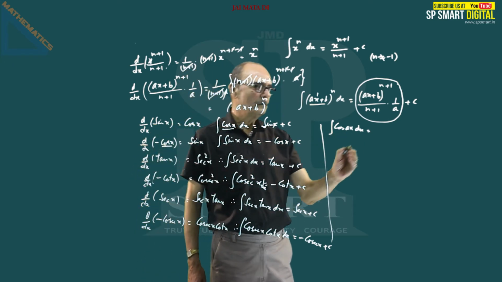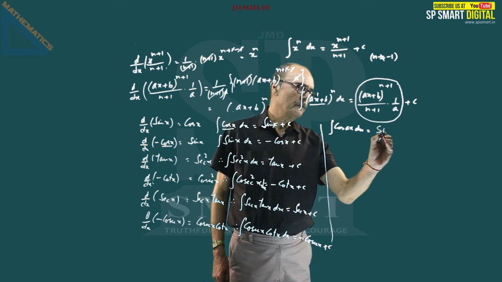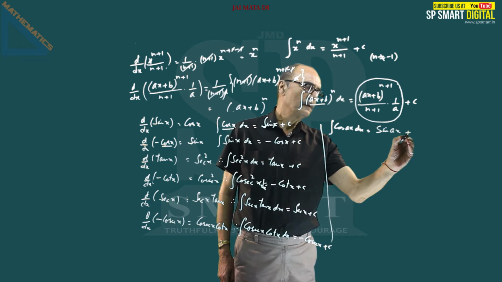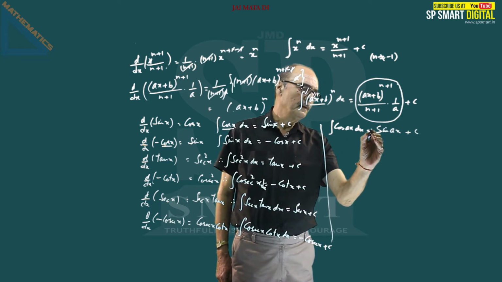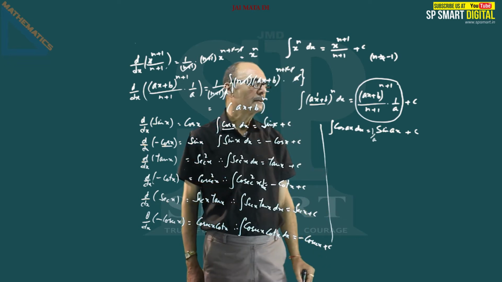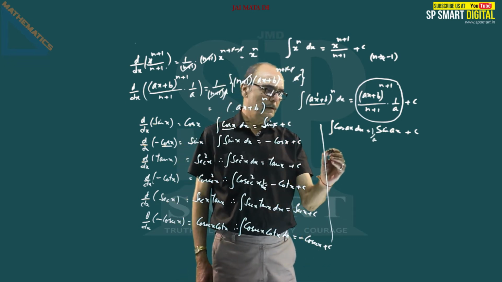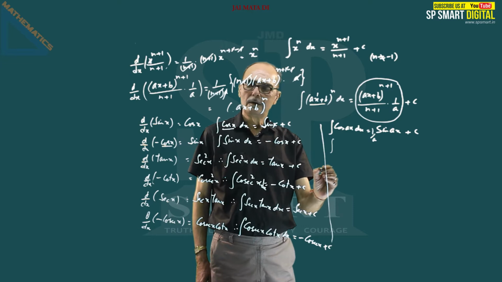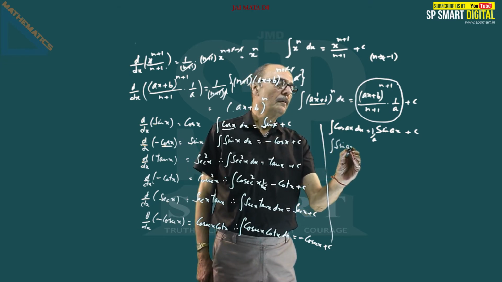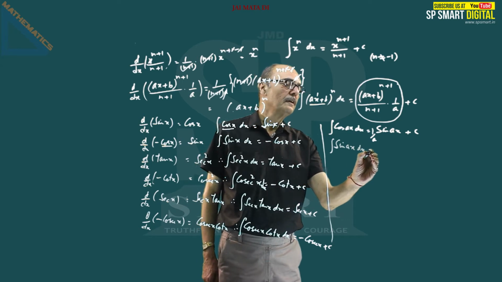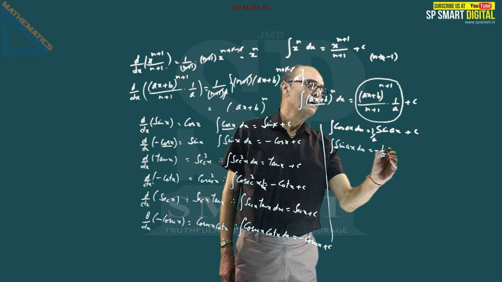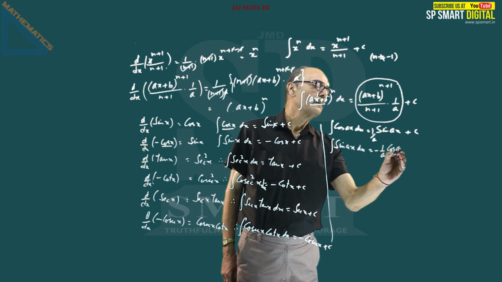The same formula will follow, sine of ax plus constant c, but divided by coefficient of x here. Then integral of sin of ax dx is minus 1 by a cos of ax.